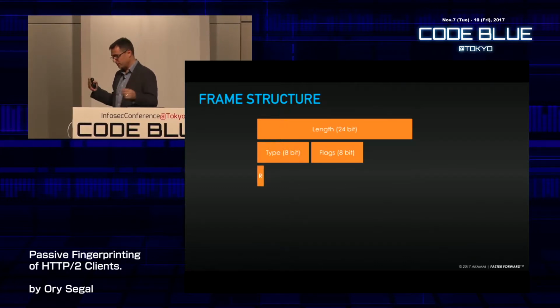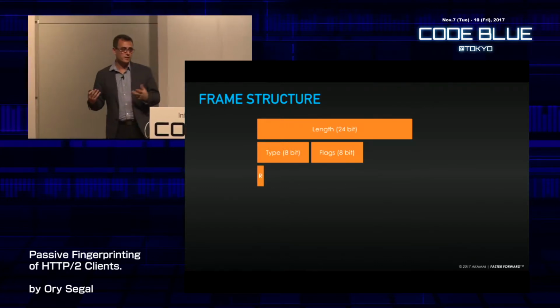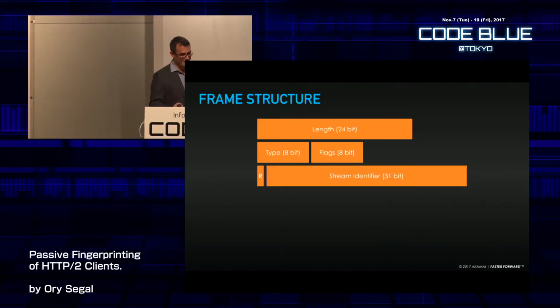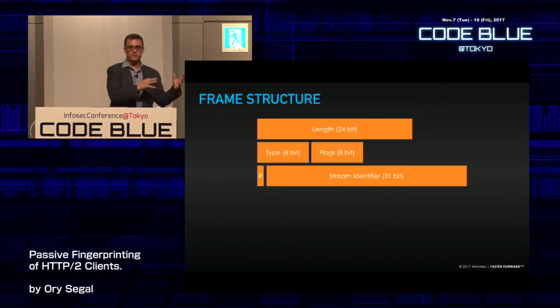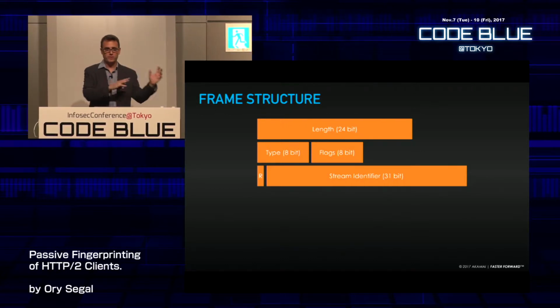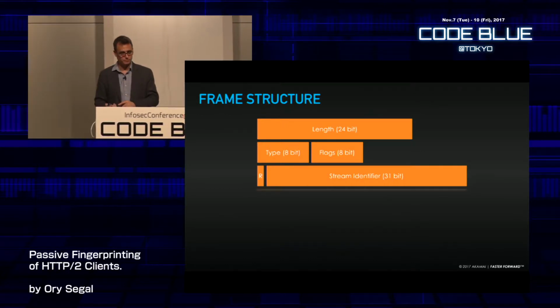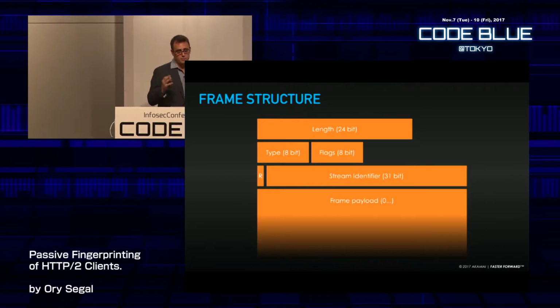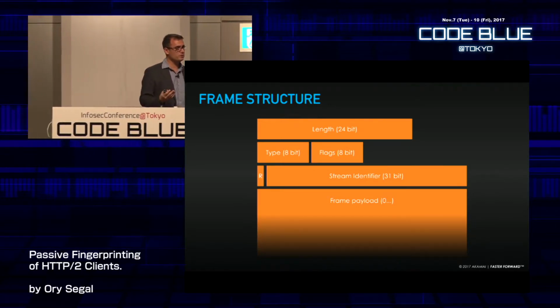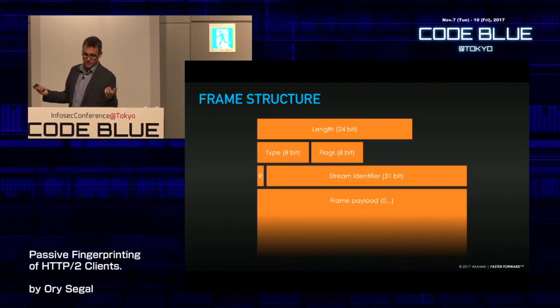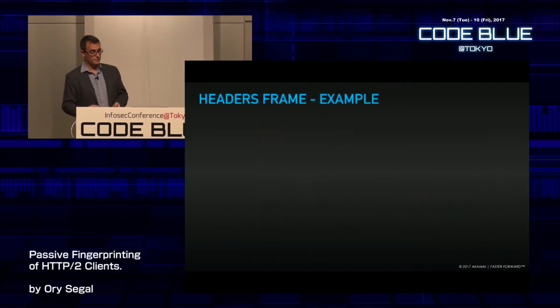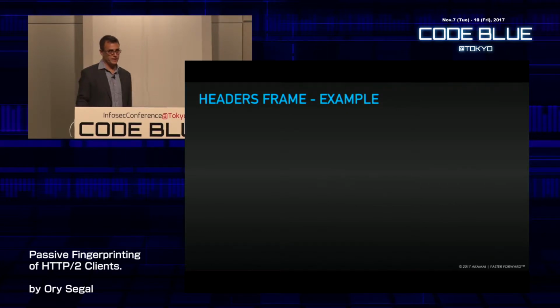A reserved bit, because you always have to reserve one bit when you write a new protocol, and a stream identifier, which basically says to which stream this frame belongs to. You remember, this whole thing is virtual on top of TCP. And then the payload. The payload can be 0, so no payload, like in a headers frame, or it could be a body of a POST or whatever you want to send, or a response for that matter.